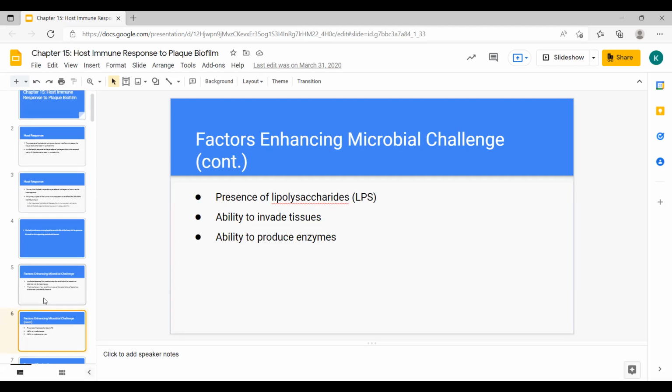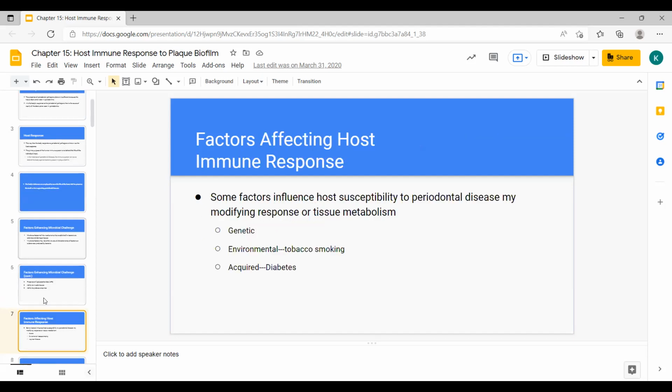The ability to invade tissues and the ability of the bacteria to produce enzymes, all of those things are going to make it harder for the body to fight them. Some factors influence the host's susceptibility to periodontal disease and may modify response or tissue metabolism. This can be genetic, it can be environmental, like tobacco smoking, or it can be acquired, like type 2 diabetes.